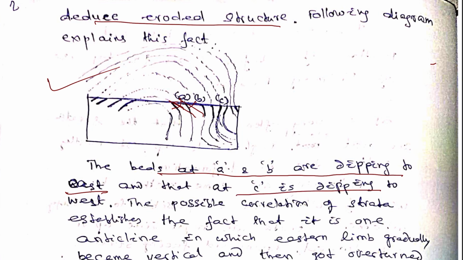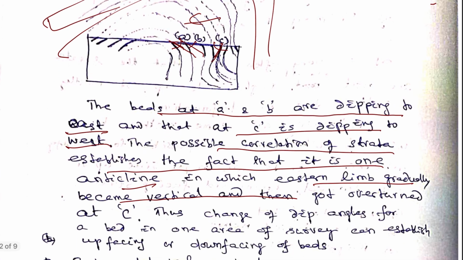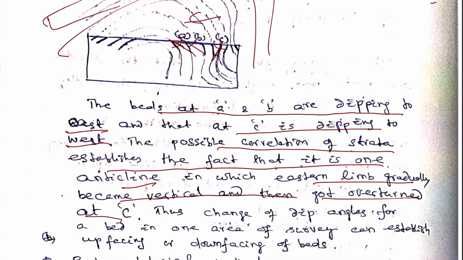And at C the bed is dipping towards west, towards this side. So the possible correlation of strata establishes the fact that it is one anticline, in which the eastern limb gradually becomes vertical and gets overturned at C.